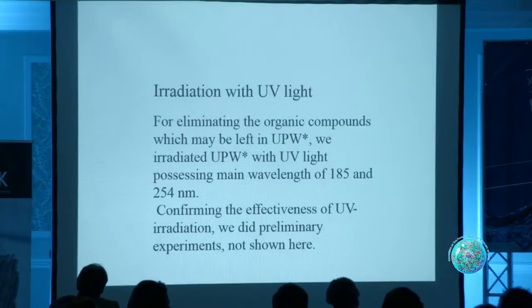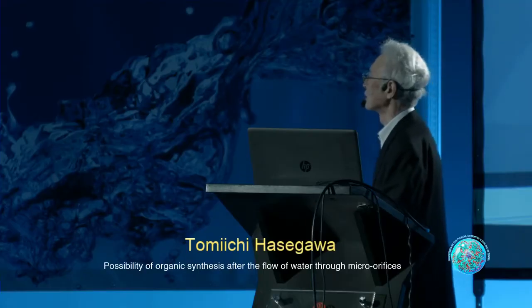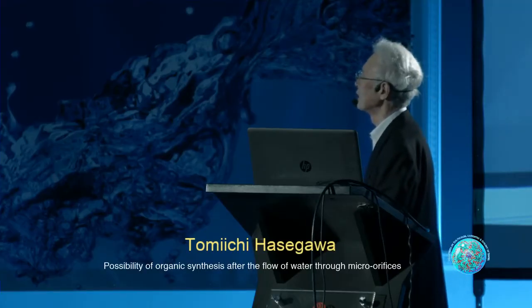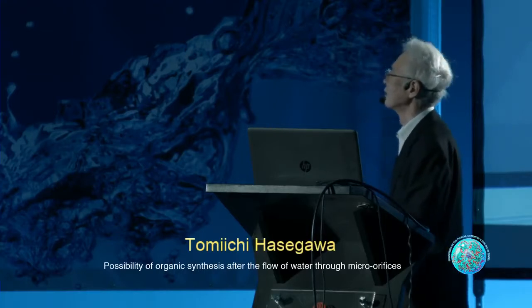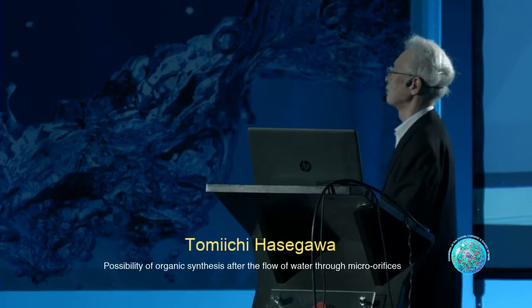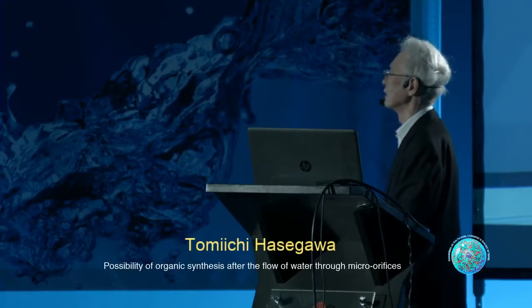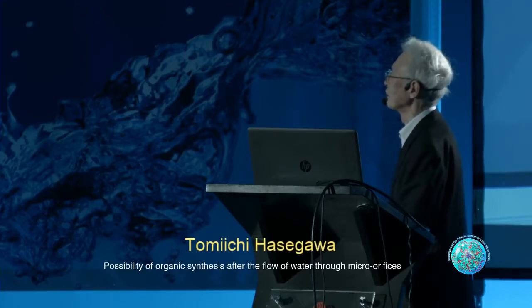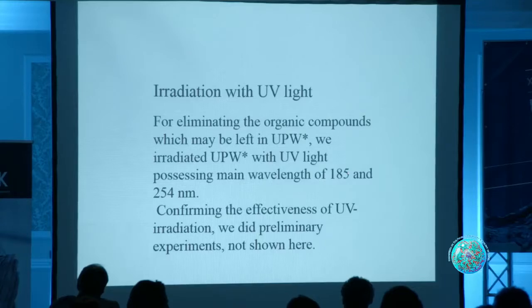For eliminating the organic compounds which may be left in the UPW*, we irradiated UPW* with UV light possessing main wavelengths of 185 and 254 nanometers. To confirm the effectiveness of UV irradiation, we did preliminary experiments, but not shown here.